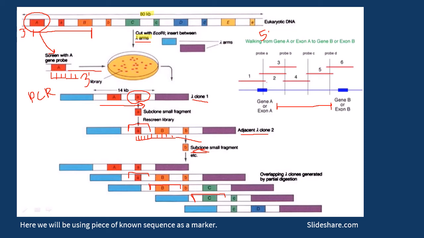This is the overlapping region between 1 and 2. This is the overlapping region between 2 and 3. Then again the overlapping region between 3 and 4, correct? This is how you identify the overlaps and you can get the proper sequence. You can locate your gene and you can study it.